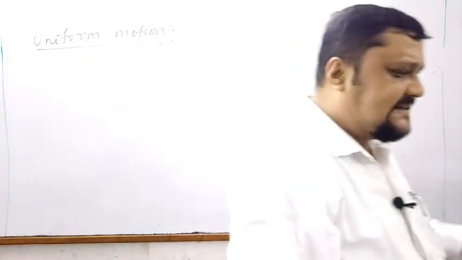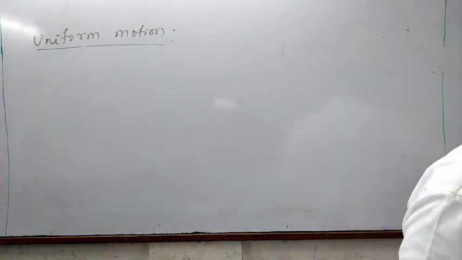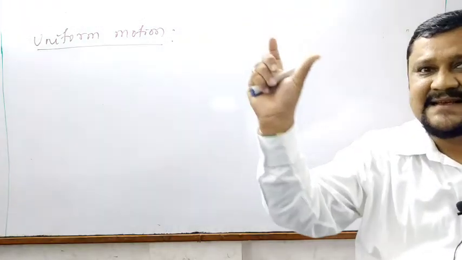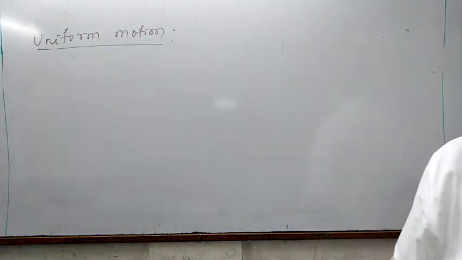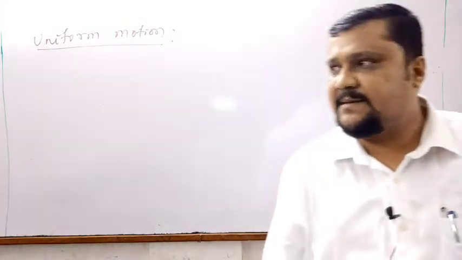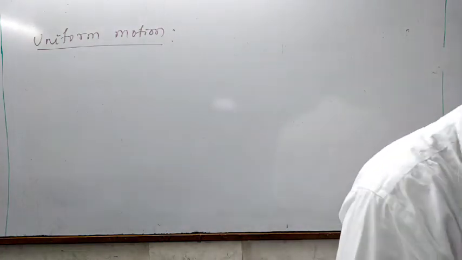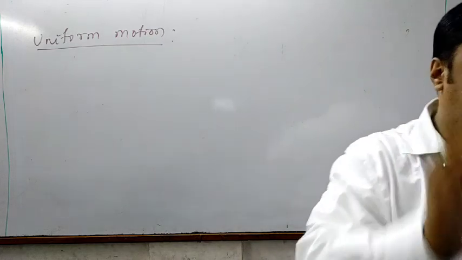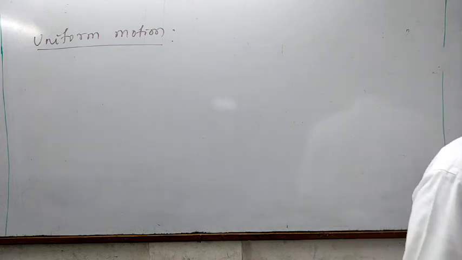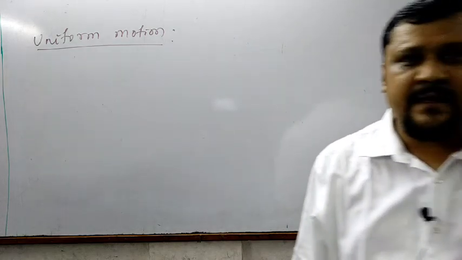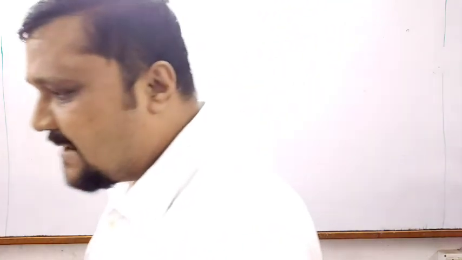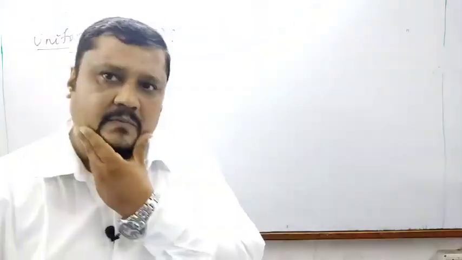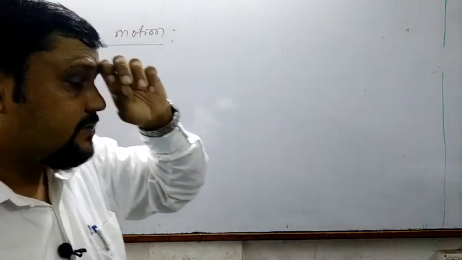When you say that a body is in uniform motion, an object is said to be in uniform motion if it covers equal distances in equal intervals of time, and remember one thing, however small these time intervals may be, in a particular direction. Clear? You can note this one.